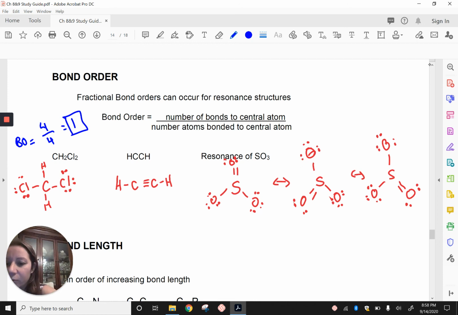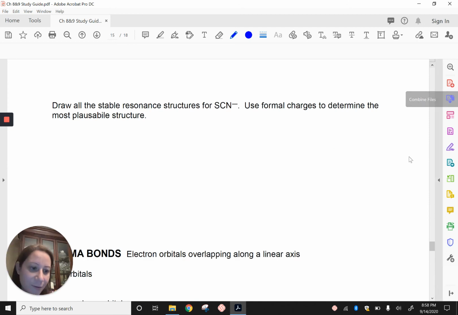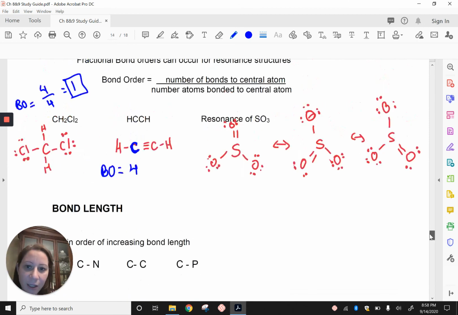So let's look at this one if we wanted to find the bond order. Now here you can pick either one of those carbons as your central atom. So let's pick this one as our central atom. So you take the number of bonds to the central atom. So this carbon has 1, 2, 3, 4 bonds. And you divide that by the number of atoms that are bonded to that central atom.